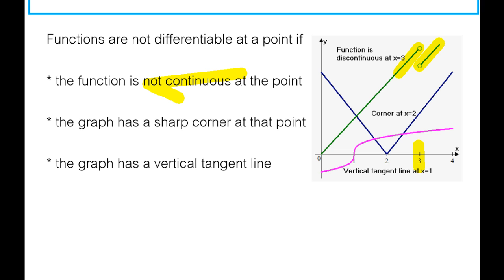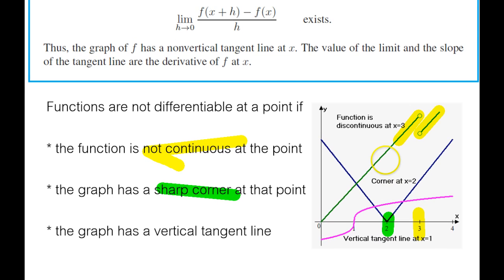Another situation is when the graph has a sharp corner at that point. We call it a corner or a cusp. So right here, the limit does not exist of the difference quotient, and let's just review the difference quotient, because as we're looking at the slope of the tangent lines, as we're coming from the left, the slope of the tangent line is negative, but as we're coming from the right of the point 2, the slope is positive.